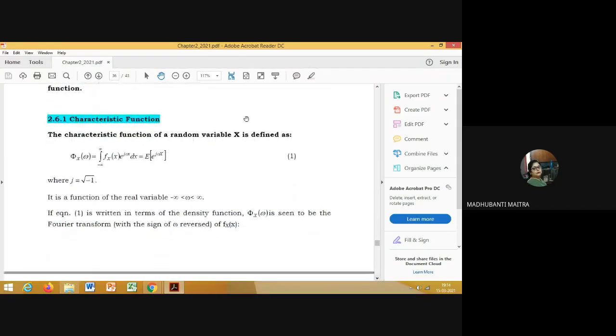The characteristic function of a random variable x is defined as phi x of omega. The argument is omega, and it is given by the integration from minus infinity to infinity of fx e to the power j omega x dx, right?